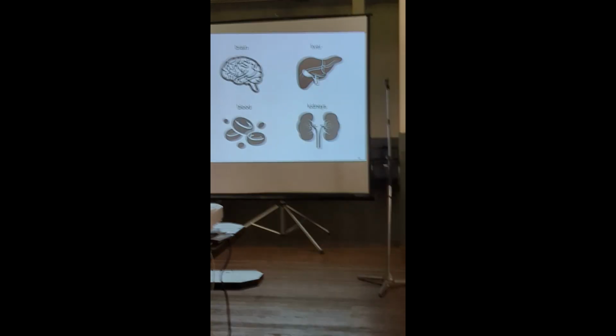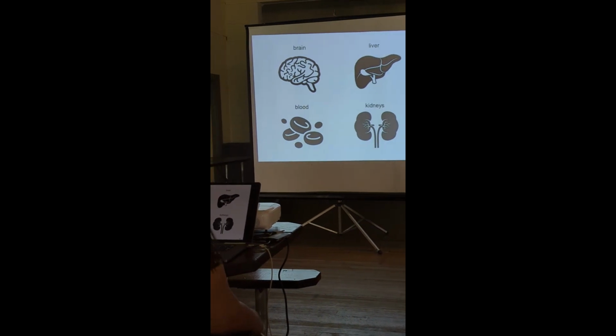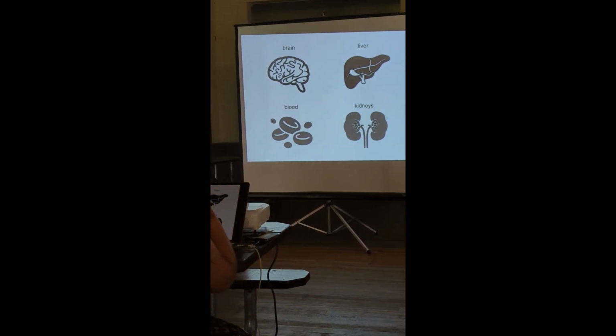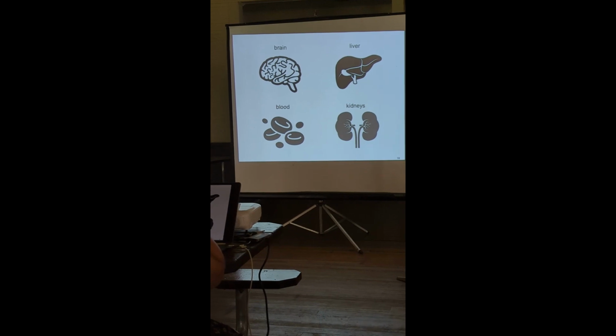These are the locations in the human body where PFAS are known to accumulate. So it's not in fat, it's in vital organs. It's in our brains, it's in our blood, it's in our liver, and it's in our kidneys. There have been studies from all around the world where they take blood samples that have been collected over the years from national populations. The one I'm thinking of at the moment is Germany. And something like more than 95% of the people have measurable concentrations of PFAS in their blood.